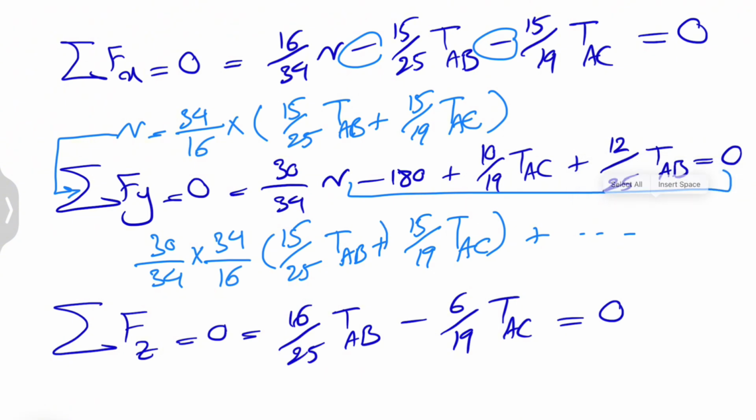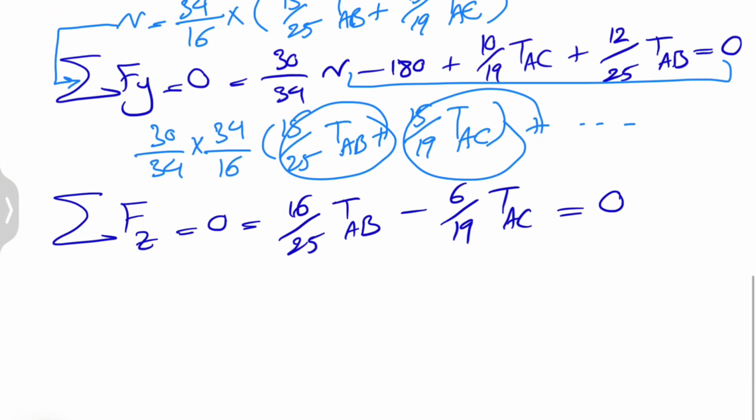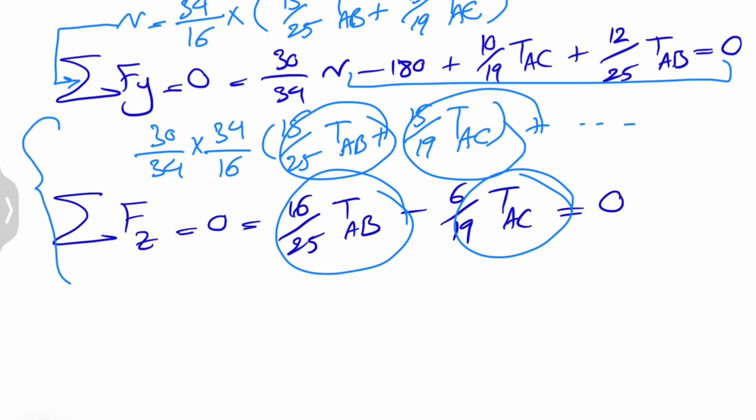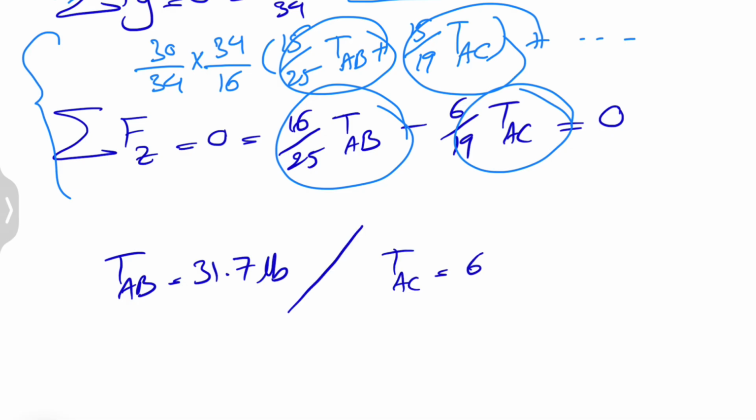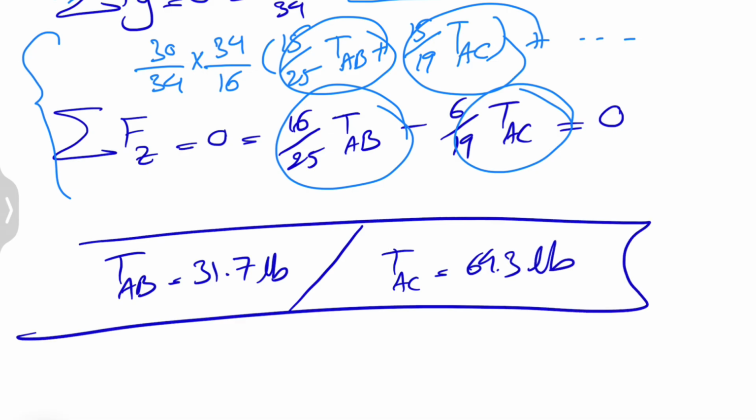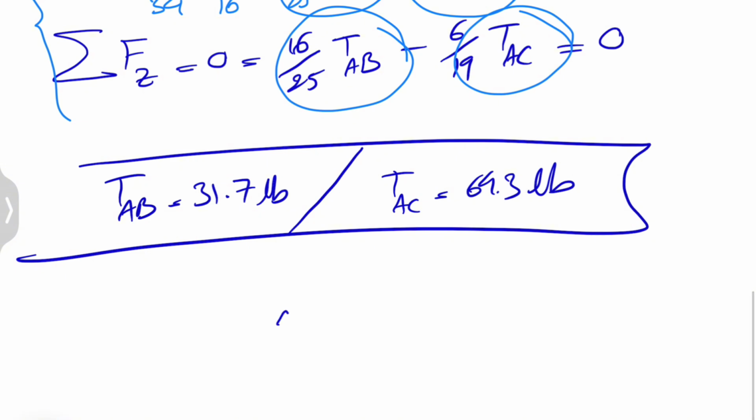Now we get one equation based on TAB and TAC in the second one, and we have another one in the third one, and that's going to be easy to solve. We have two equations, two unknowns, and if you do that, the answers that we're going to get is that our TAB will be 31.7 pounds and TAC would be 64.3 pounds.